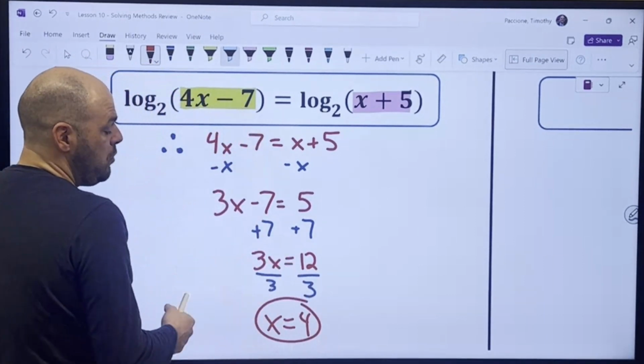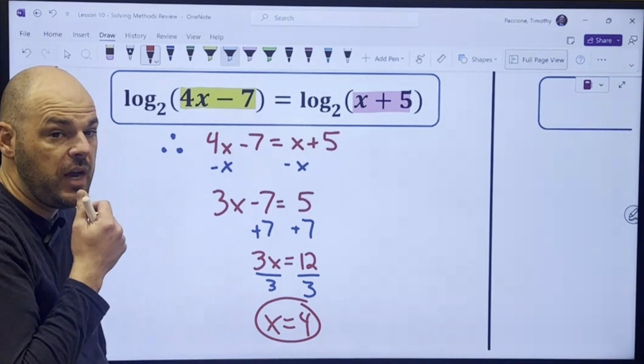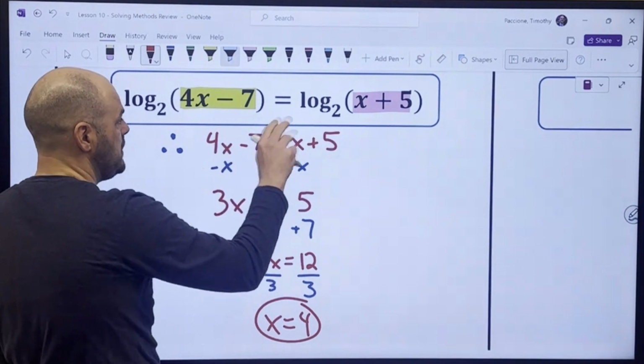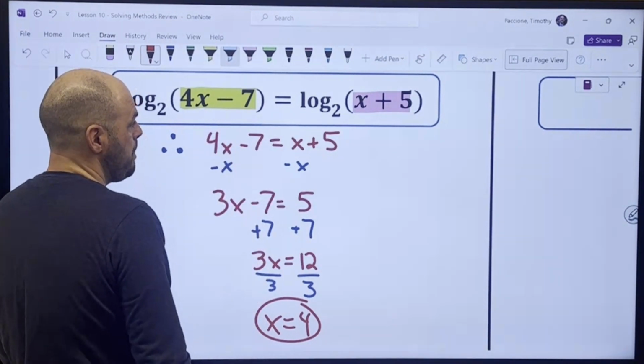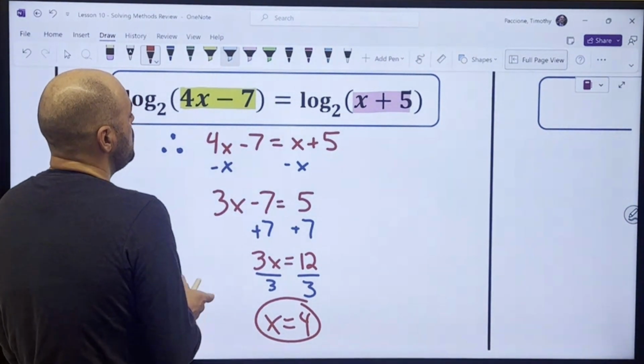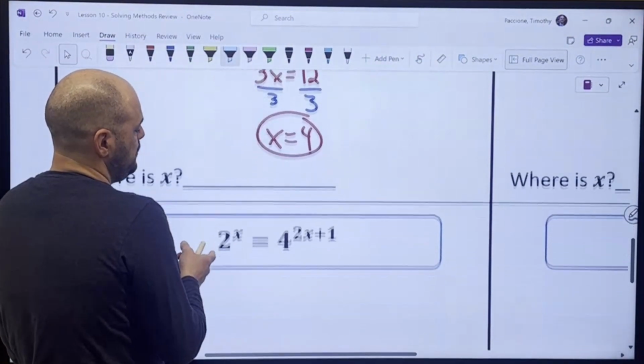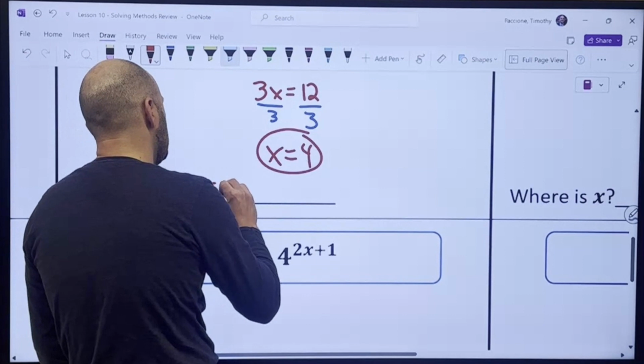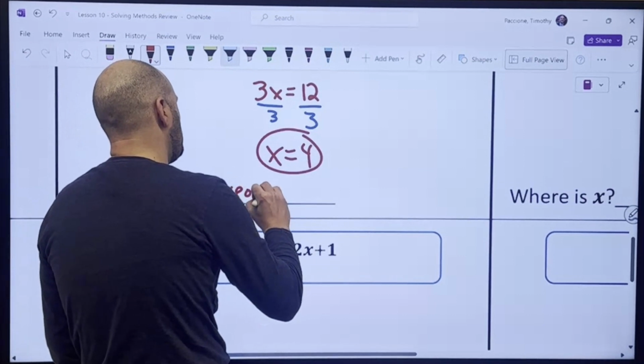And I could check my work, really for any of these. You can always check your work, plug back in 4, and you should get the same thing in both situations, right? Okay, so, oh, and where was the x? In the exponent.